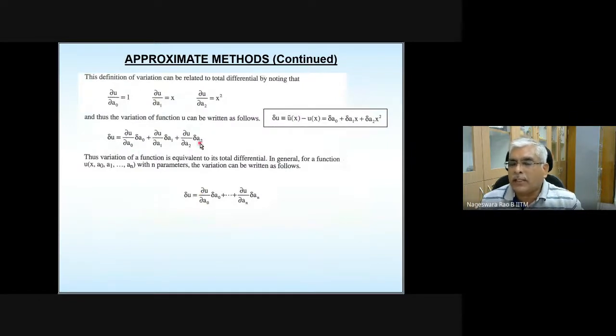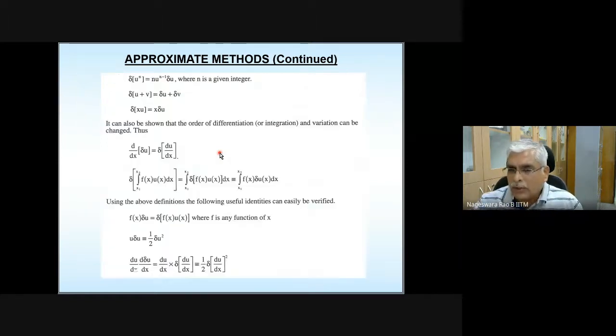repeatedly mentioned here. Variation of u is equal to 0 is possible only when partial derivative of u with respect to the unknown parameters, with respect to each of the unknown parameters, is independently equal to 0.